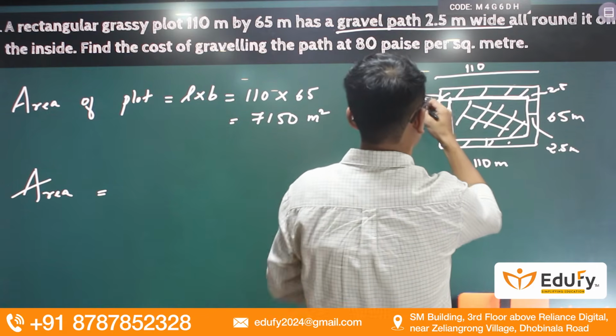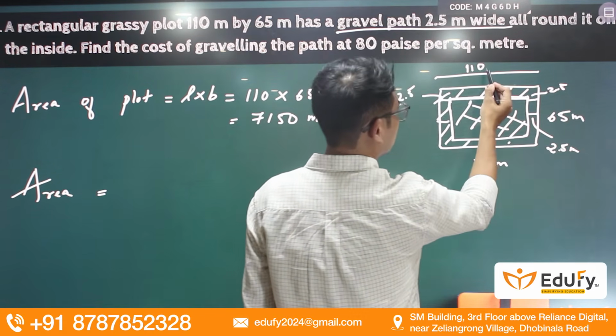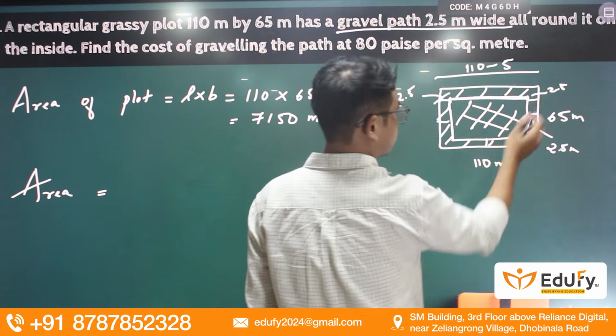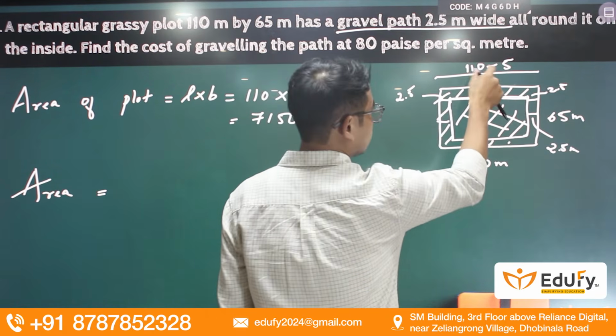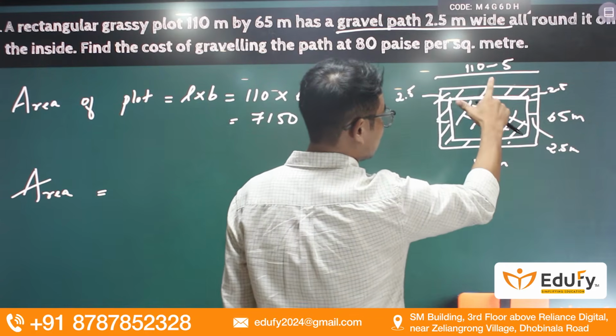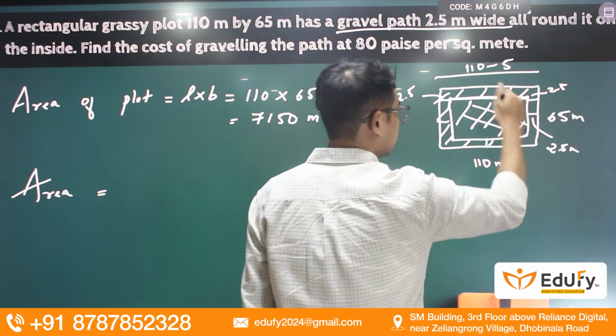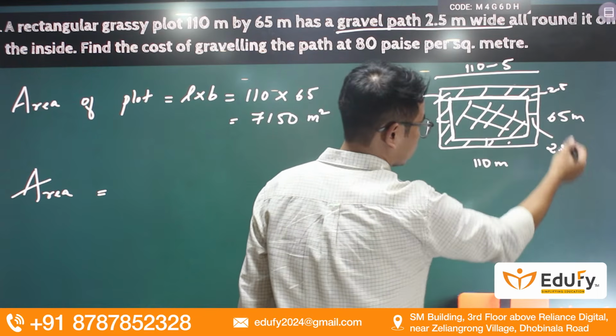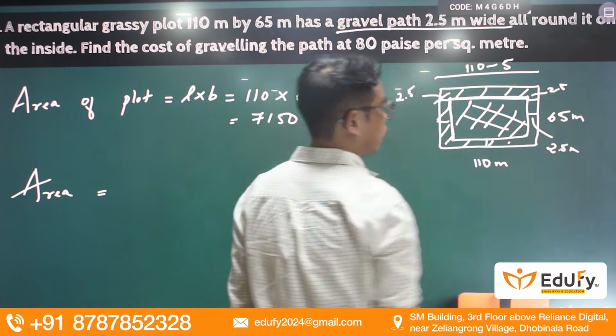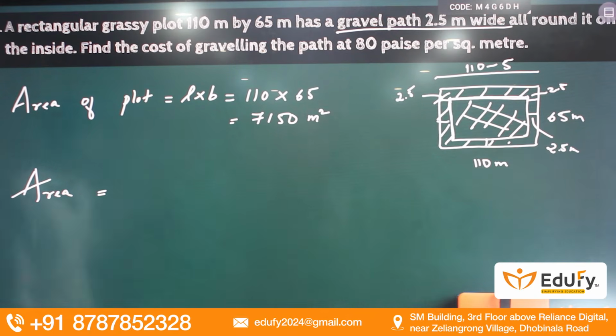That means out of this 110, I'm subtracting 5 meters, 2.5 plus 2.5, and this will give me the length. Similarly for the breadth, this full is 65, and with 2.5 on each side, that is 5 meter again, so I have to subtract that.